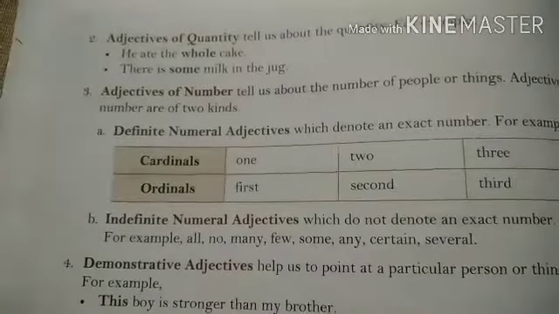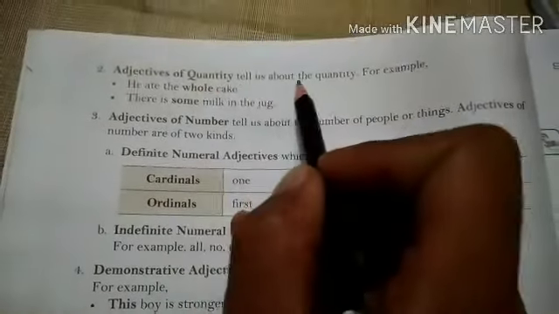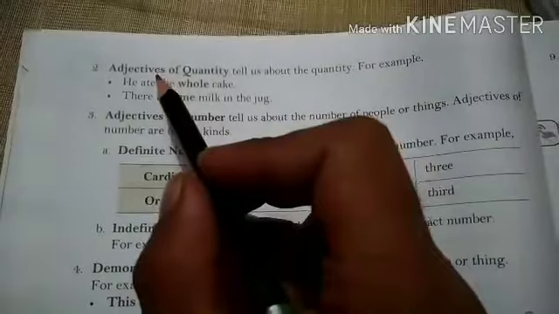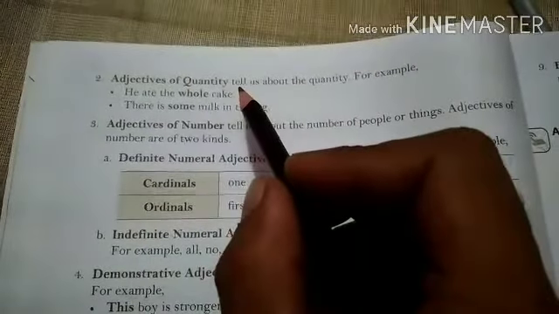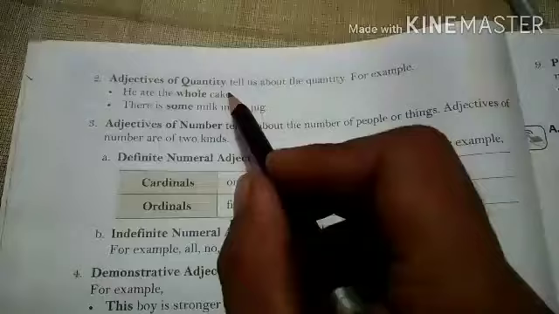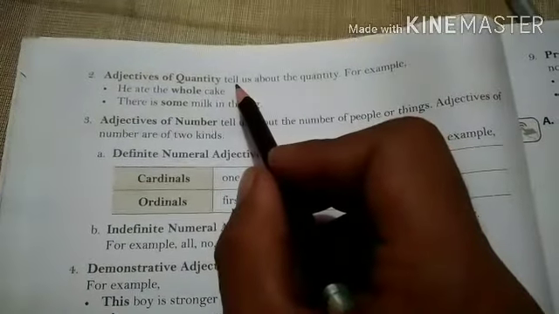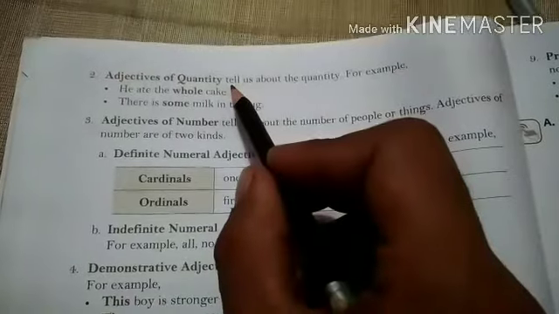Now the other kind of adjective is adjectives of quantity. Adjectives of quantity tell us about the quantity. Mostly, whenever we describe uncountable nouns, the words used to describe uncountable nouns are adjectives of quantity, because we cannot count uncountable nouns by using numbers.